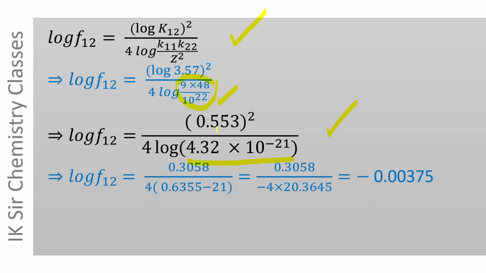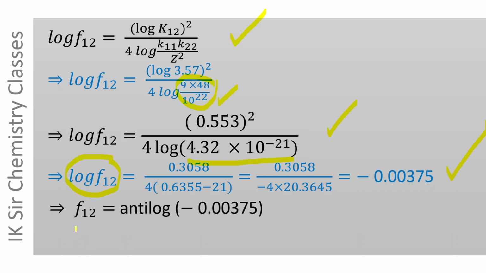And log F12 will be equal to, its square will be 0.3058 divided by 4 into the value of log of this term, which is the log of 4.32, 0.6355 minus 21, and on solving these two terms we have 20.3645 with a negative sign, and finally the value of log F12 we calculate as minus 0.00375, and accordingly F12 will be the antilog of minus 0.00375, and on solving it we have F12 equal to 0.99.